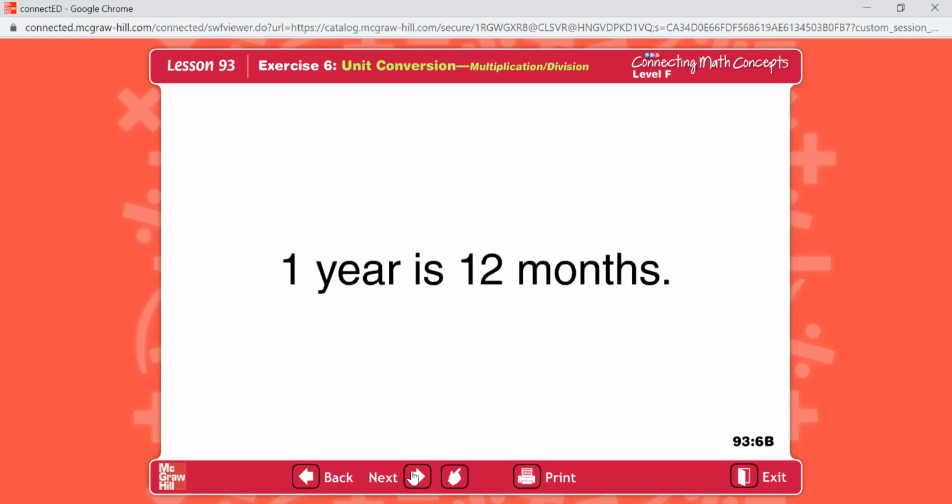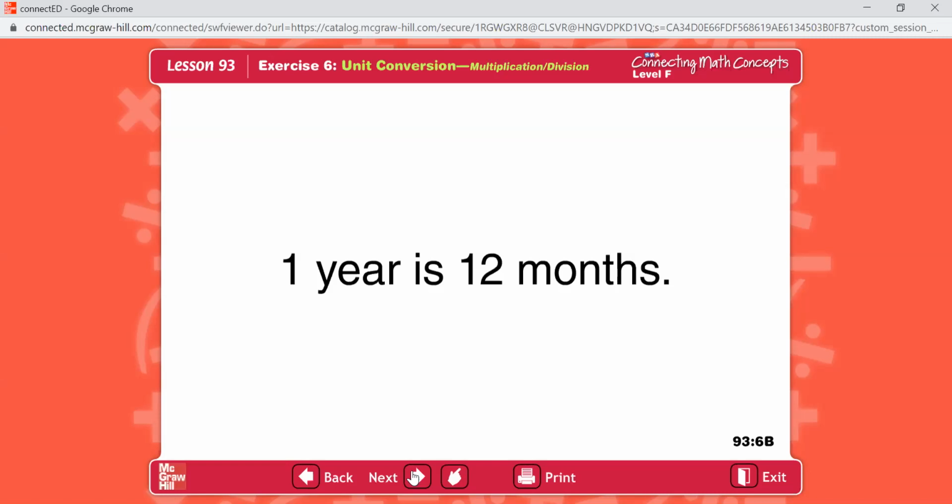Next, say this fact. This fact should be read as 1 year is 12 months. Are there more years or months? There are more months.